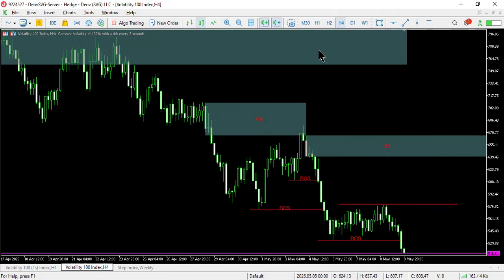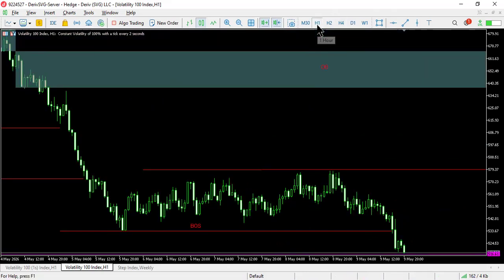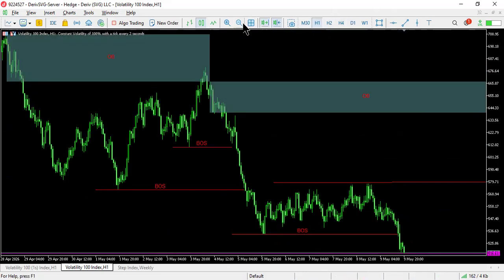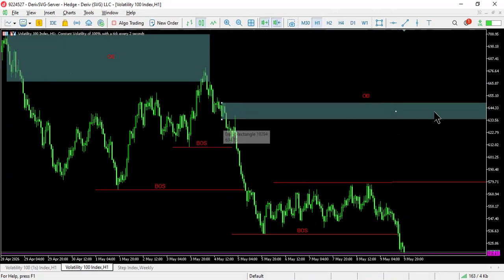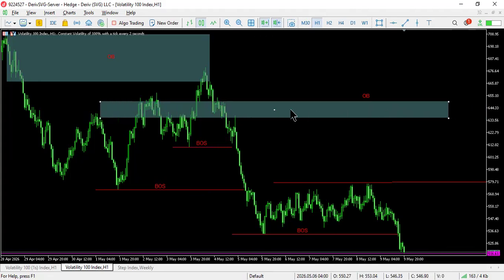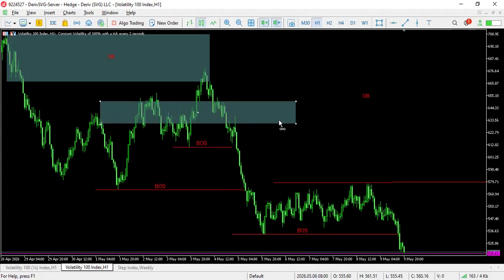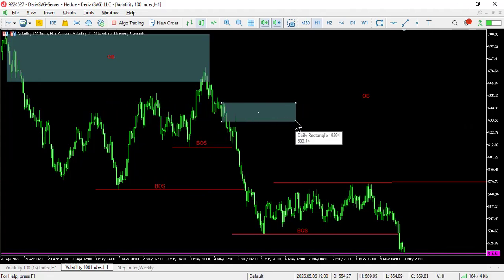And then heading over to the 1 hour time frame. From the 1 hour time frame, if we are to adjust, we can see that this order block has been mitigated. So this order block has been mitigated already. That one is of no use to us.